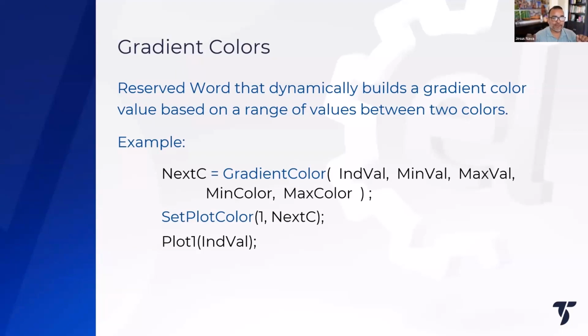A variable is what's going to hold the color, but you have to use GradientColor, which is the main reserved word or function that you have to use in EasyLanguage. You have to supply the variable that you're going to apply the color to, the minimum value, the maximum value, the minimum color, and the maximum color. And then you have to set the plot color to that variable color. Let's go ahead and take a look at how we can do that.